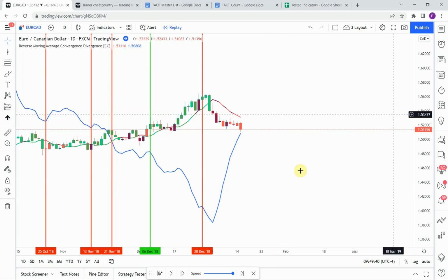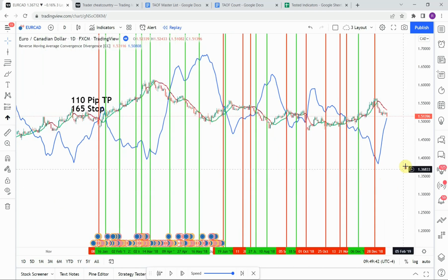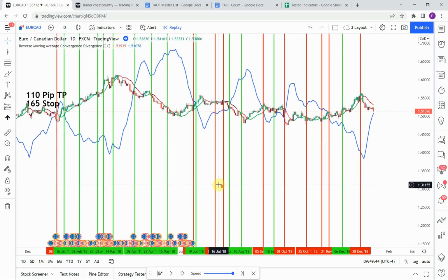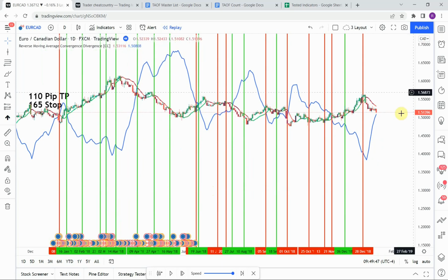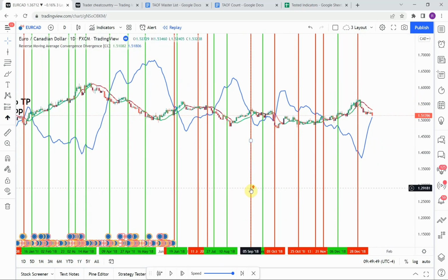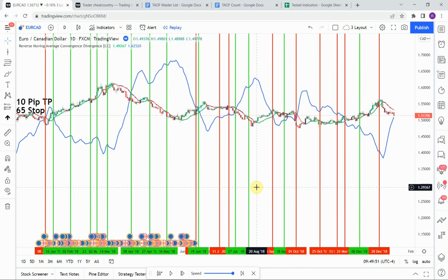All right, so let's go ahead and take a look at our indicator here. That obviously gave us a significant amount more trades for the 1 year's time than the last video that we did on it. Let's go ahead and count these out though and see what we get. So we have 1, 2, 3, 4, 5, 6, 7, 8, 9, 10, 11, 12, 13, 14, 15, 16, 17, 18, 19, 20, 21, 22, and 23.